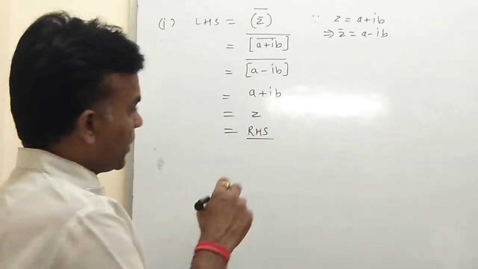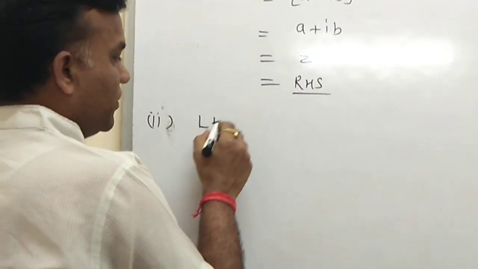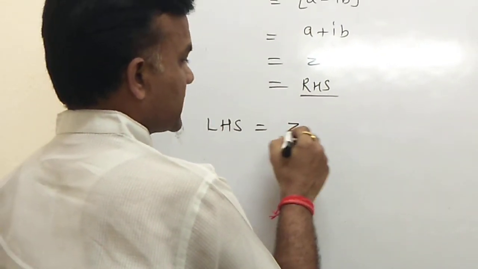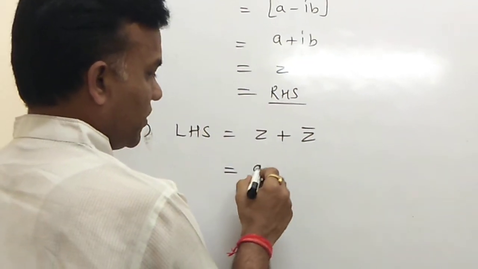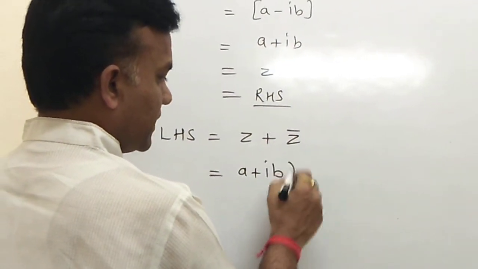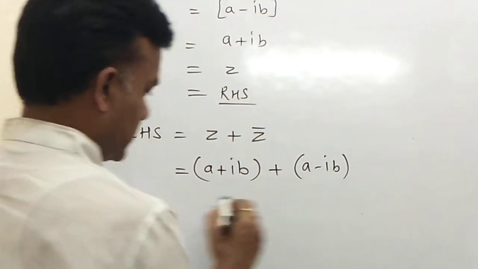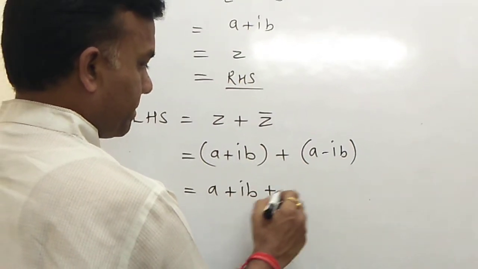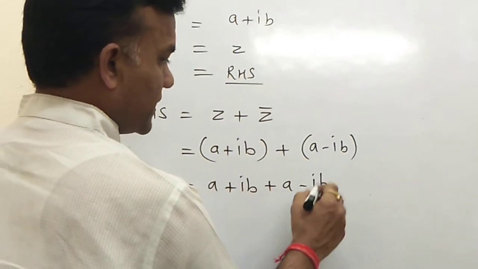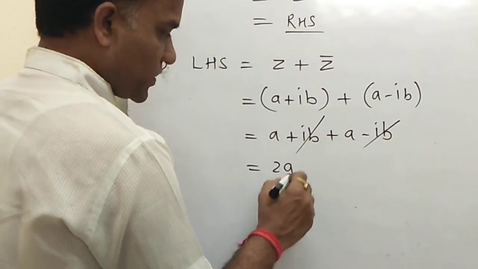Then the second property. Again write down the LHS part, z plus z bar. Z is a plus ib, and then plus a minus ib. So the ib terms cancel out, and a plus a is 2a.